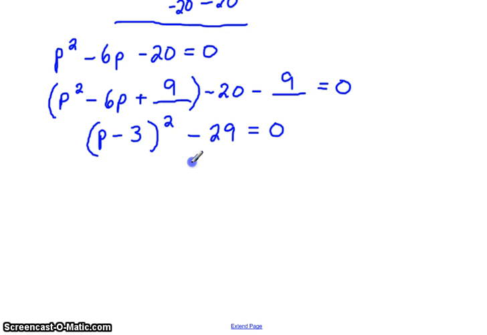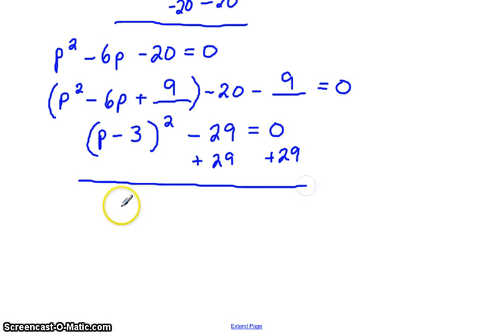So I want to get the p minus 3 squared alone, so I'm going to add 29 to both sides. So we've got p minus 3 squared is equal to 29. To undo the squared, I'm going to take the square root. And again, same thing, I got to make this a plus or minus.